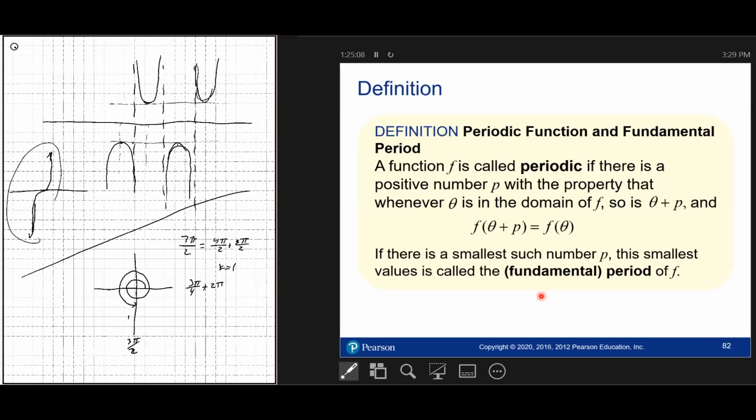So that means this p value is 2 pi. So p is the period. If there is a smallest such number p, then the smallest value is called the fundamental period or the period of the function.